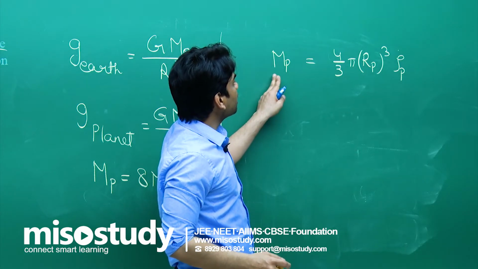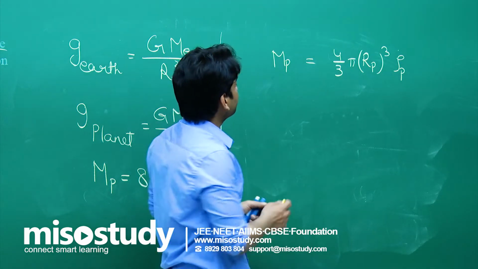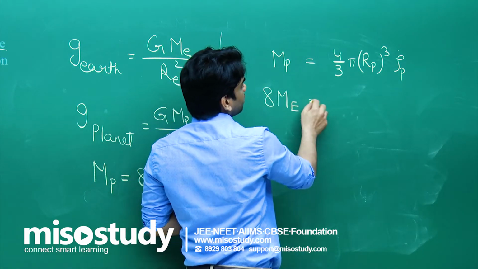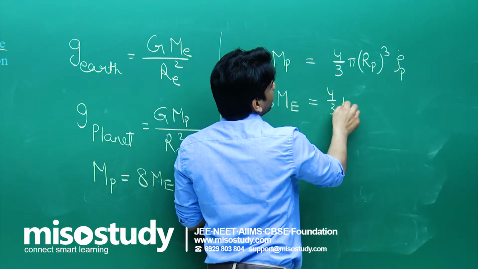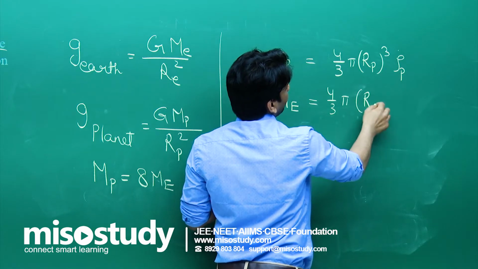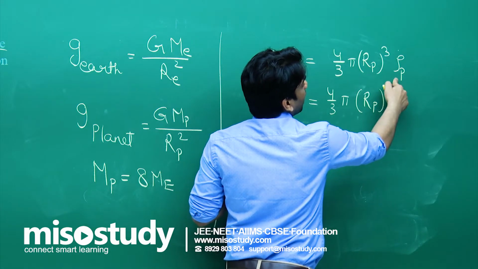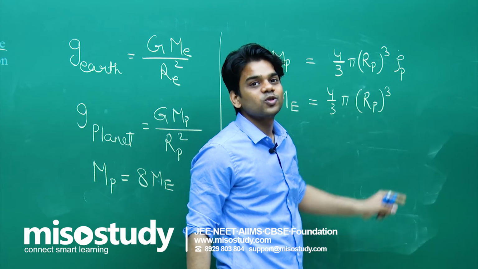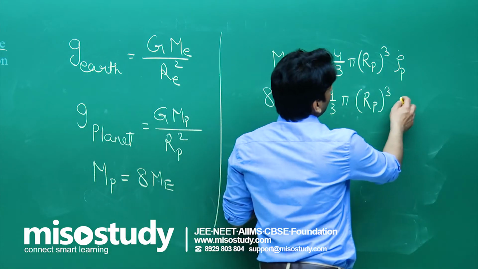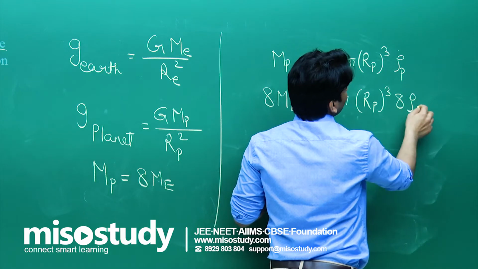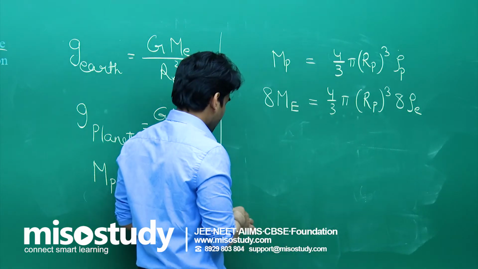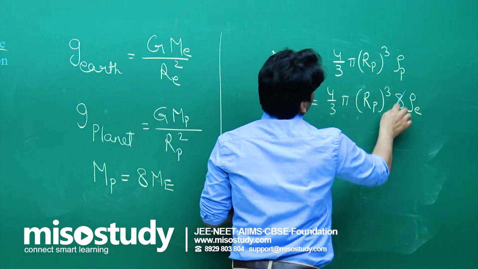Now you see here, mass of planet is 8 times the mass of Earth. So we can write this as 8 times mass of Earth is equal to 4 by 3 pi radius of planet whole cube, and rho of planet is also 8 times the rho of Earth. Again if we simplify, this term will be cancelled out.